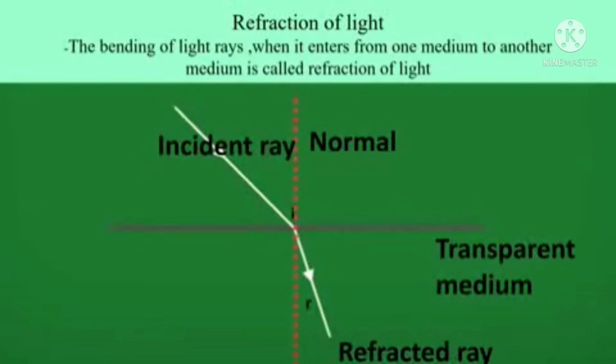At that time, the light ray transmits through that medium and does not go in a straight line path, but bends towards or away from the normal in the transparent medium, and it is called refraction of light. Therefore, the definition of refraction of light is the bending of light rays when they enter from one medium to another medium.